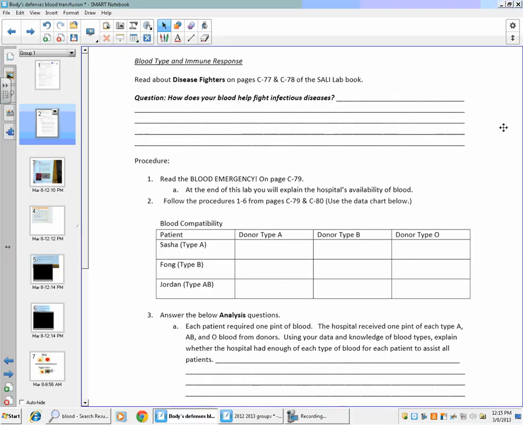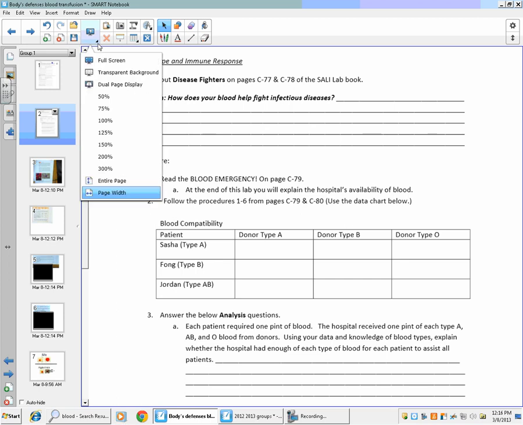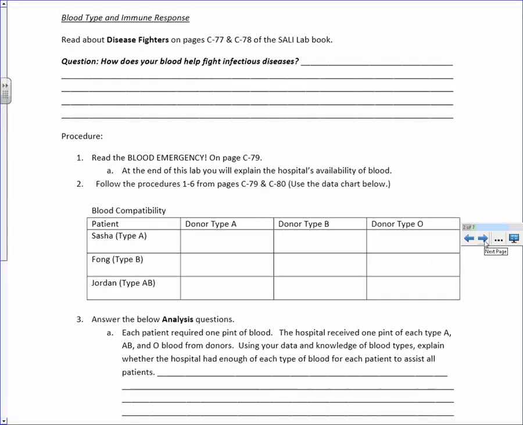If you're listening online, you noticed it says to read Disease Fighters on pages C77 through C78. Then you're going to answer this question: how does your blood help fight infectious diseases? I'm going to show you pages C77 and C78 so that you can read them. You may need to pause the video if it takes you some time to read before I move on.